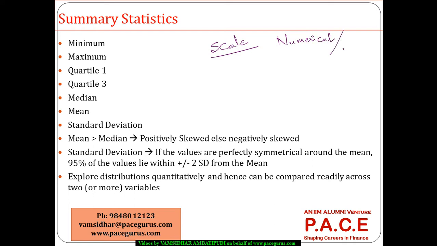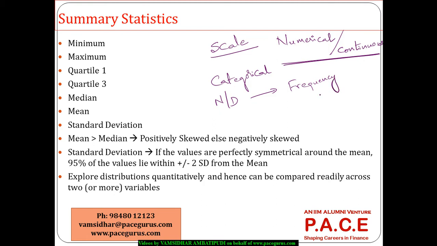or traditionally, even in numerical, for the continuous variables, the summary statistics make a lot of sense. Whereas for the categorical data, or even within the numerical data, if it is more and more discrete, it's better to rely on some other mechanism, which is the basic frequency analysis itself.